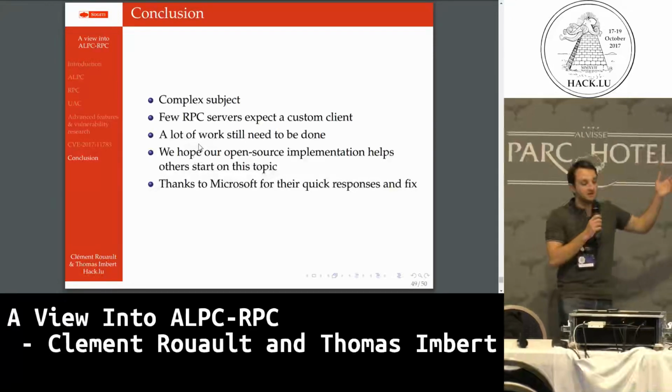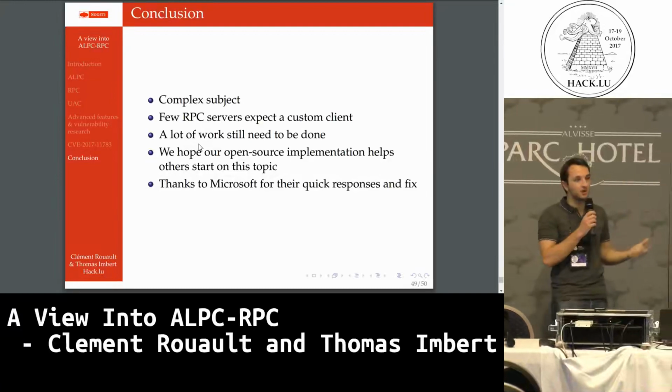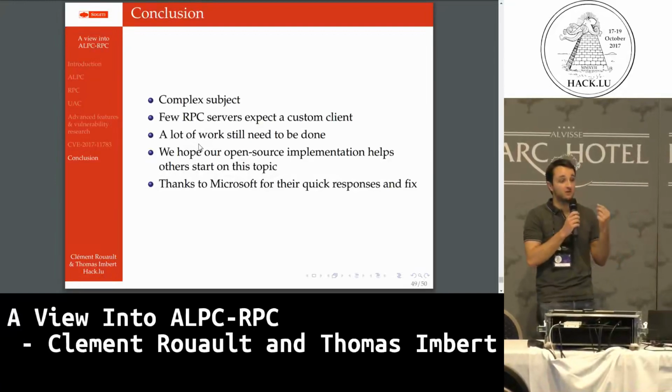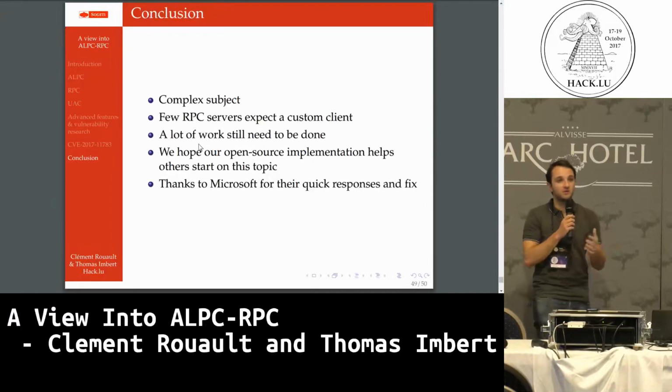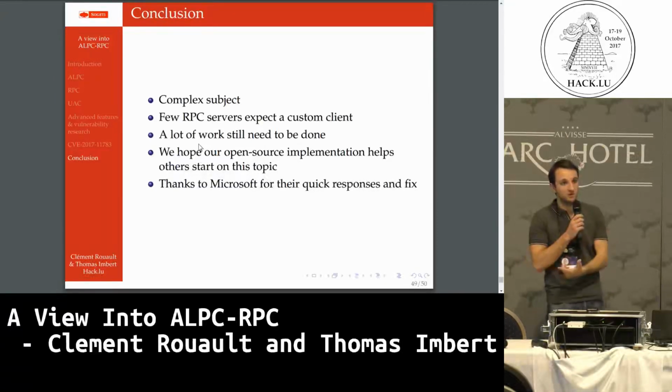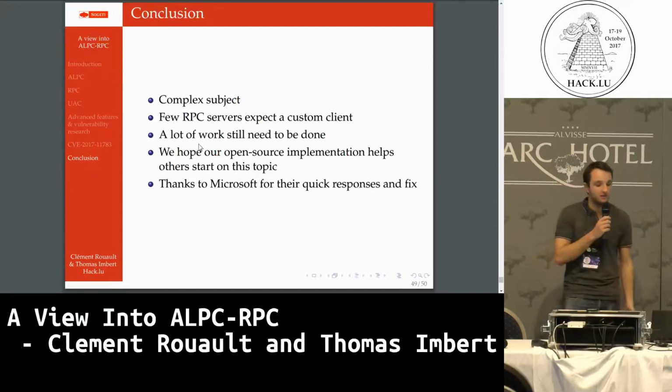We have seen that, for example, in the UAC example, where the server does not expect a custom client setting a custom command line, and we were able to have a UAC bypass. And we have seen that with the kernel that was maybe expecting someone to try to change the memory, but it was not properly blocking the memory view from being set up again to read-write. And as we've seen really quickly in the fix, it's an implementation error in the NTOS kernel.